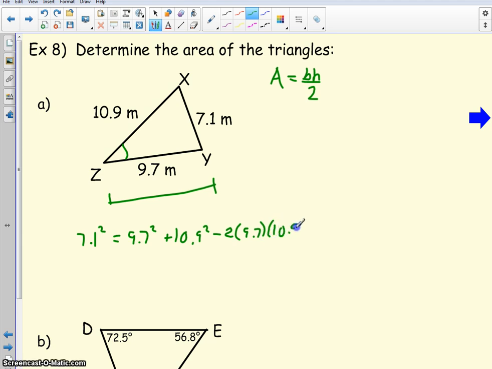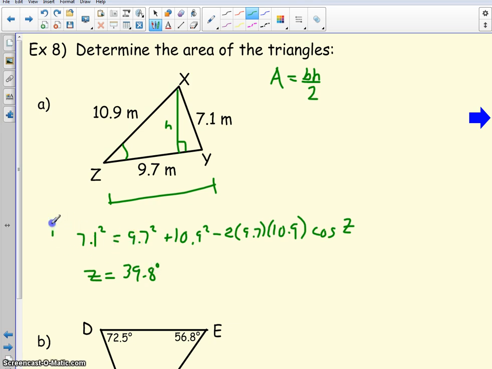So we're going to set up our equation here. All this again is to find this angle Z, which we can then use to find that height. Take a minute and solve for that. After a lot of algebra, you should end up with angle Z being about 39.8 degrees.